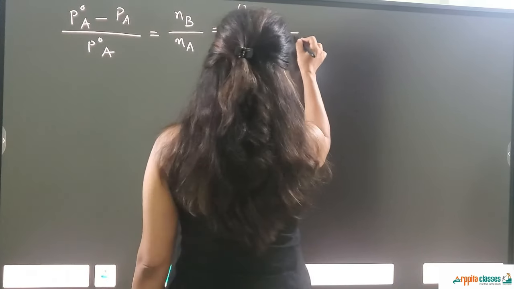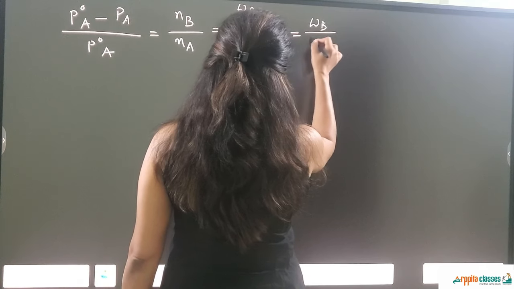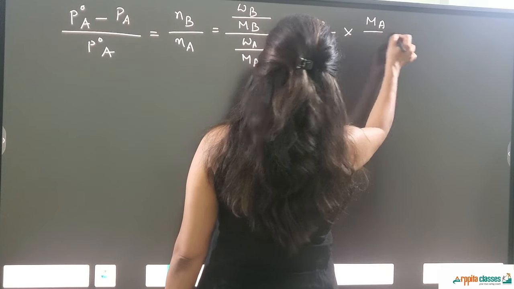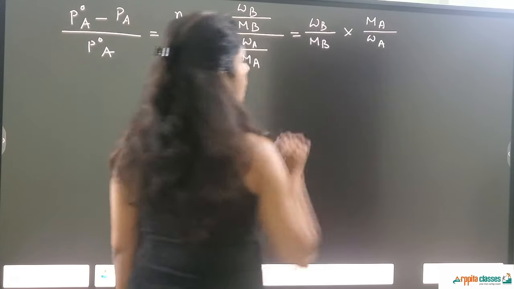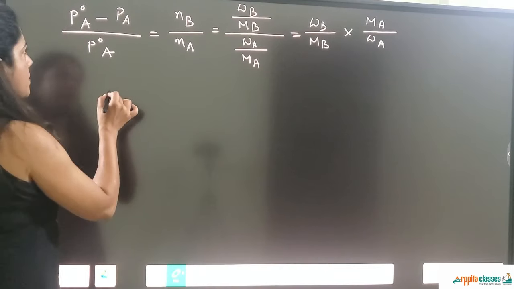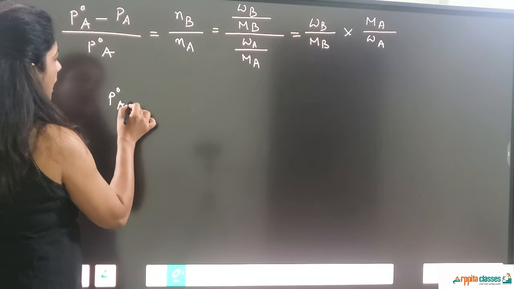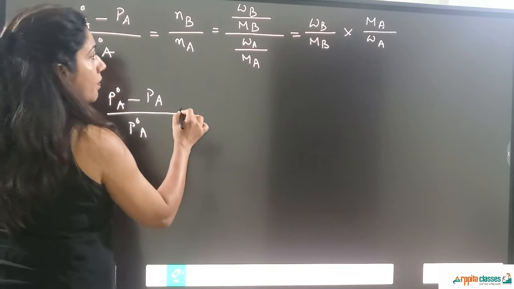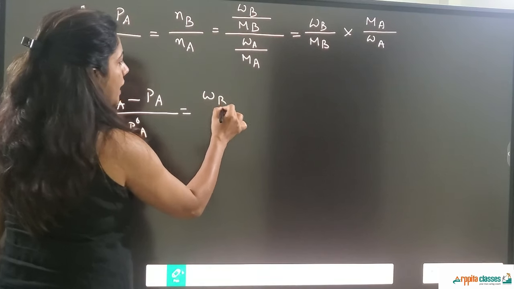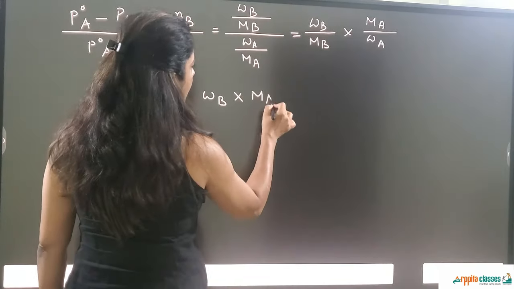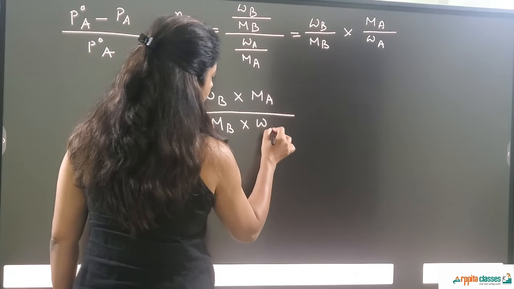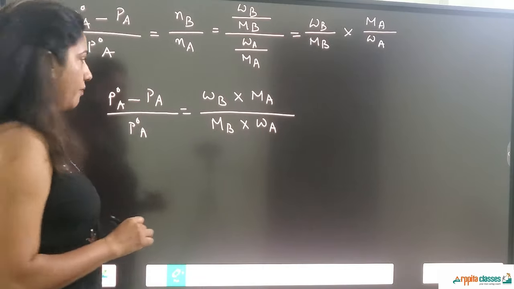When we calculate this, we get WB upon MB into MA upon WA. So the final formula becomes P0A minus PA upon P0A is equal to WB into MA upon MB into WA. Now we have all the values.